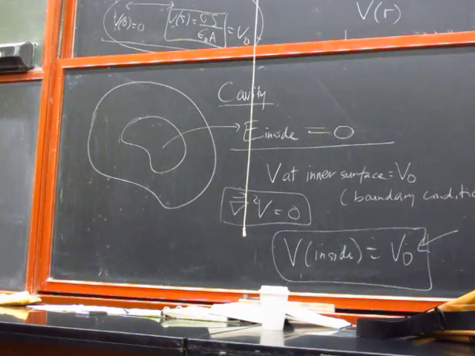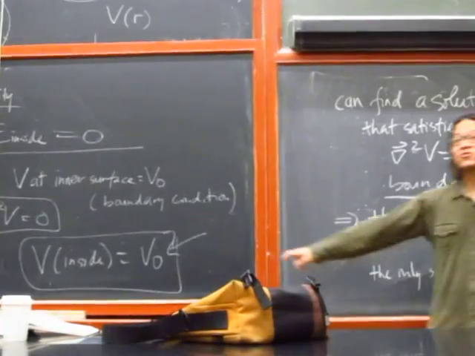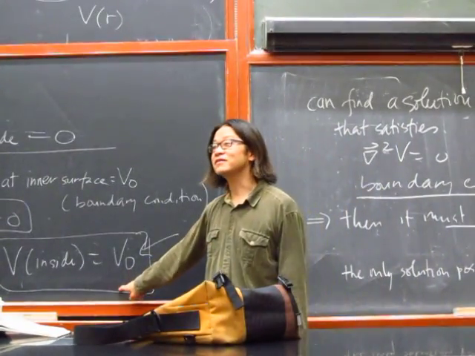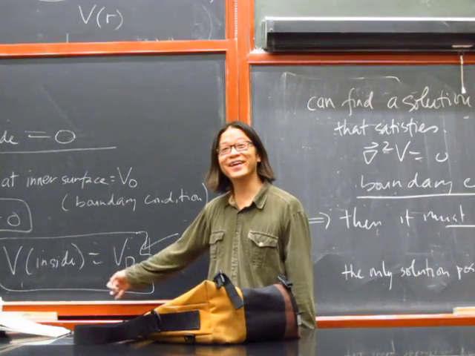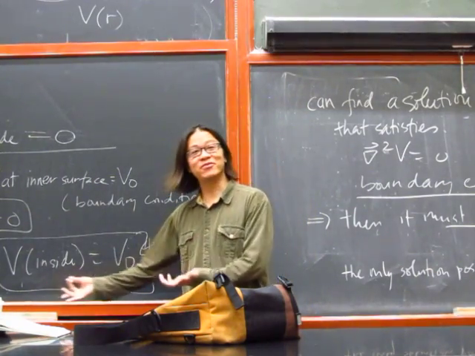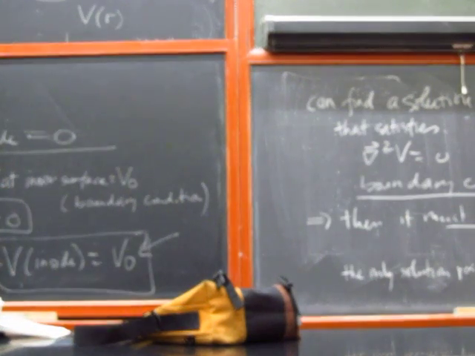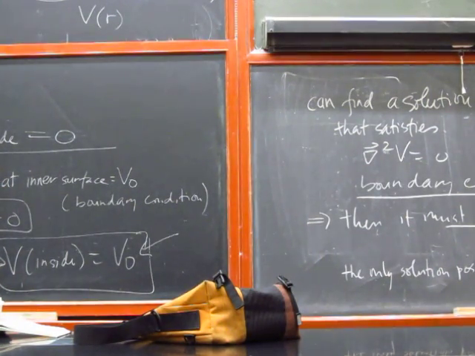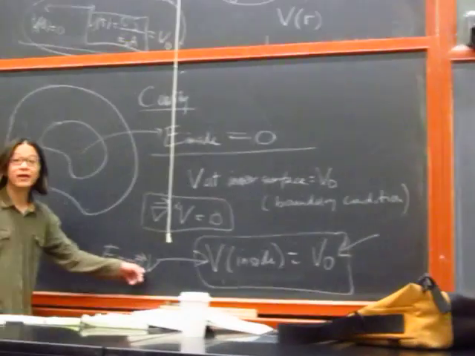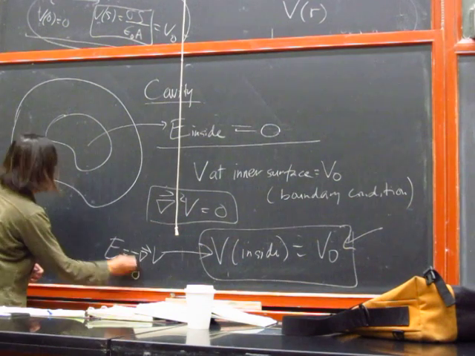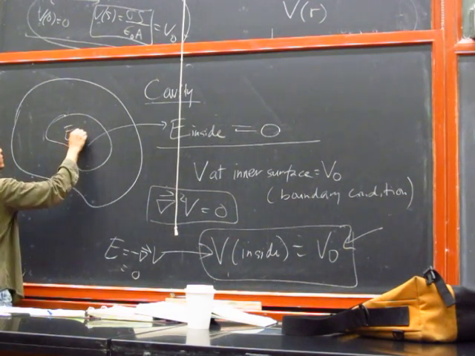But by the uniqueness theorem, it's also unique. There is no other solution. That's how powerful it is. So this is the only solution possible. Therefore, the electric field, the gradient of phi, is 0. Phi is constant inside.